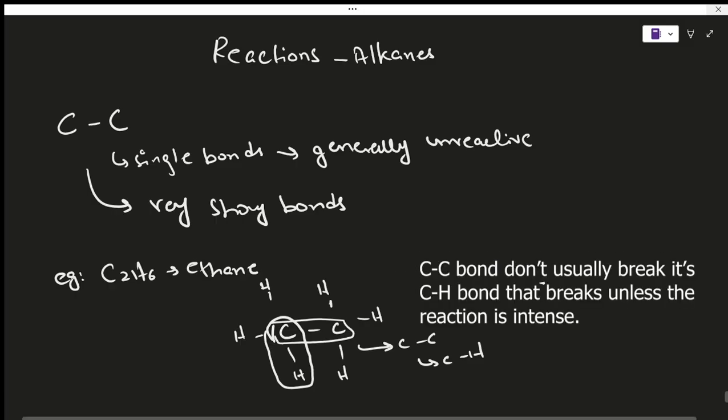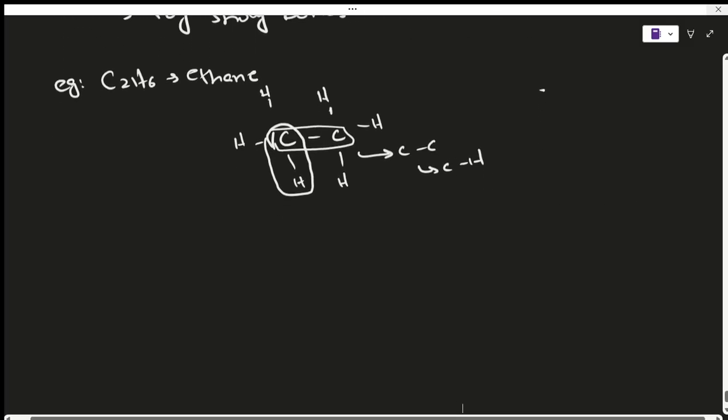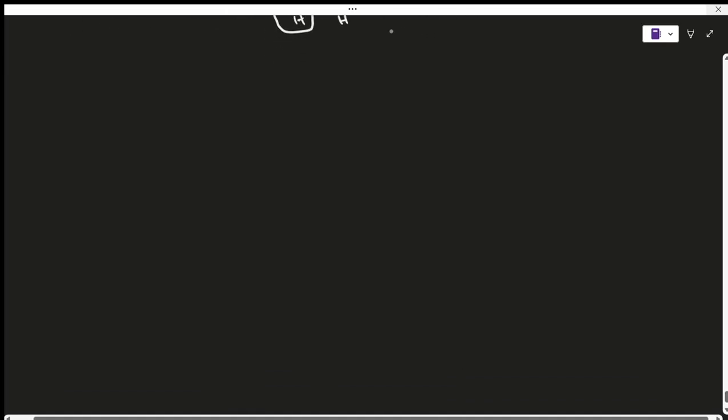Now when we talk about physical properties, let me just take the same example again, which is C2H6. Let's say the C2H6 molecule is in a liquid container like this. We know that in liquids, these particles are slightly away from each other compared to solids, right?